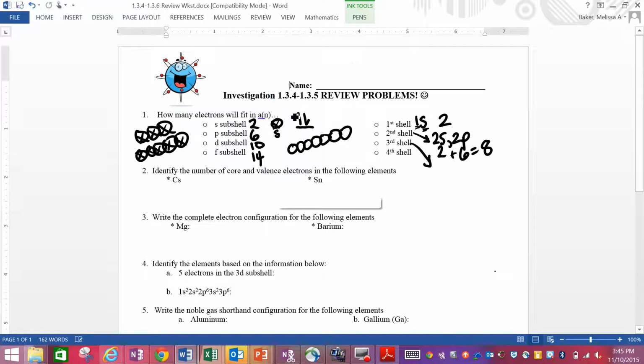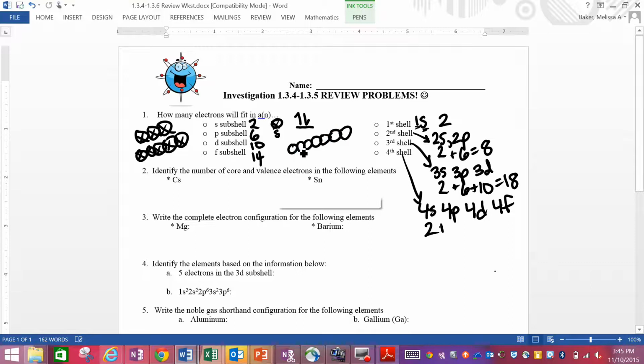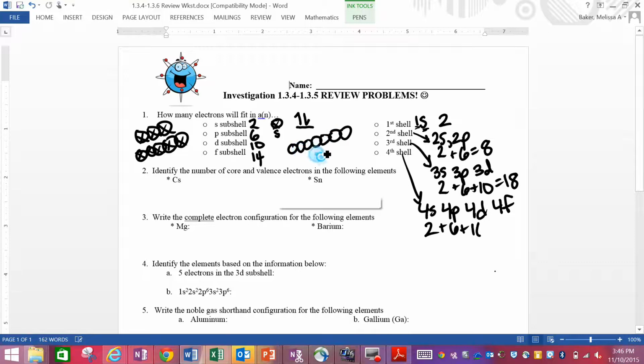How about the third shell? That's 3s, 3p, 3d. That's 2 plus 6 plus 10. That makes 18. The fourth shell has a 4s, a 4p, a 4d, and a 4f. That is 2 plus 6 plus 10 and a D plus 14, that makes 32.